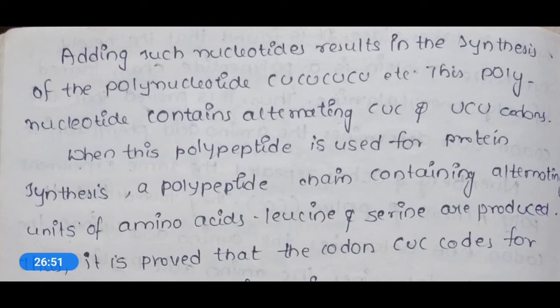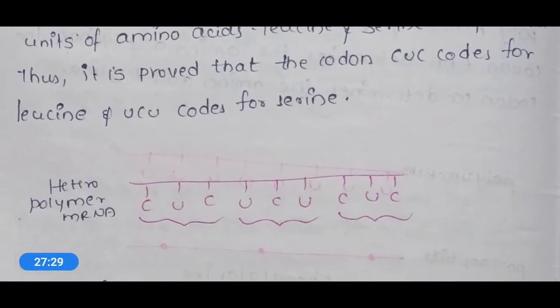He added such nucleotides, taking two dinucleotides, that is CU, which resulted in the synthesis of a polynucleotide CU. By using those dinucleotides, he produced a synthetic mRNA with heteropolymer, and we call that particular mRNA heteropolymer mRNA.